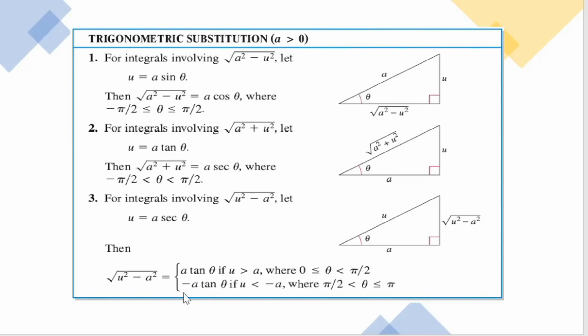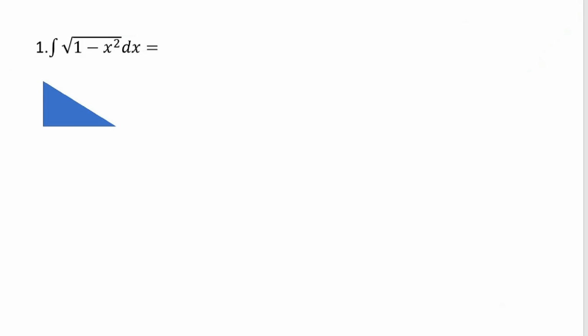Then we use negative a tangent theta if u is less than negative a, where pi over 2 is less than theta and less than or equal to pi. Okay, to illustrate this, let us solve some exercises using these three formulas.